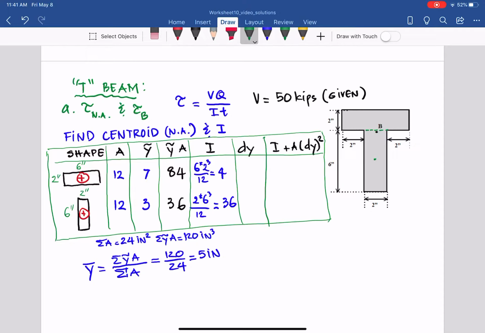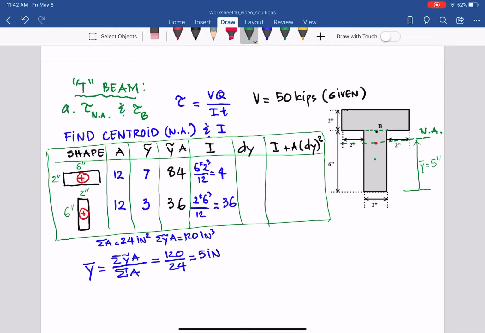Now we can write out here y bar for the whole cross section, the centroid of the whole cross section is here. That's y bar equal to 5 inches, as you can see, and the neutral axis actually goes through that centroid, as you already know by definition previously.